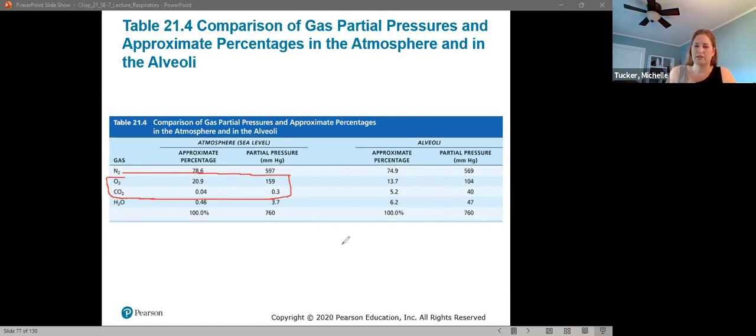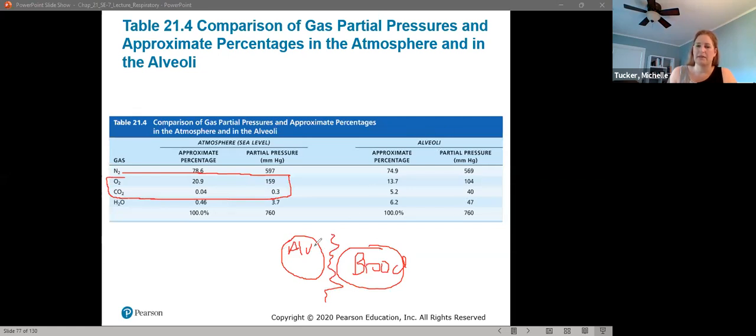We are going to be looking at the movement of oxygen and carbon dioxide from the alveoli to the blood. And that's the gradient that we are concerned with.